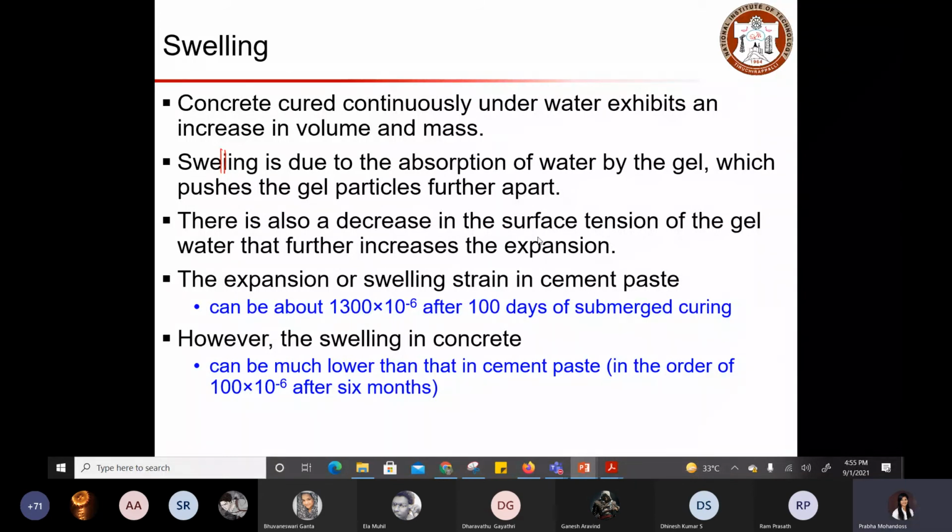Because of this reaction, there will be a decrease in the surface tension of the gel water, and that will lead to further expansion. Because of that expansion, you can observe about 1,300 microstrains in your concrete when it is subjected to submerged curing conditions for about 100 days.